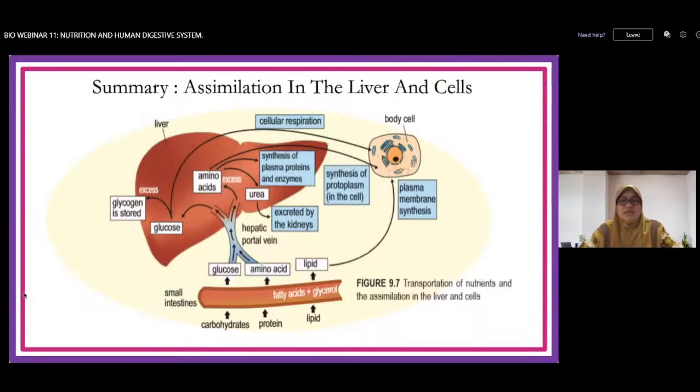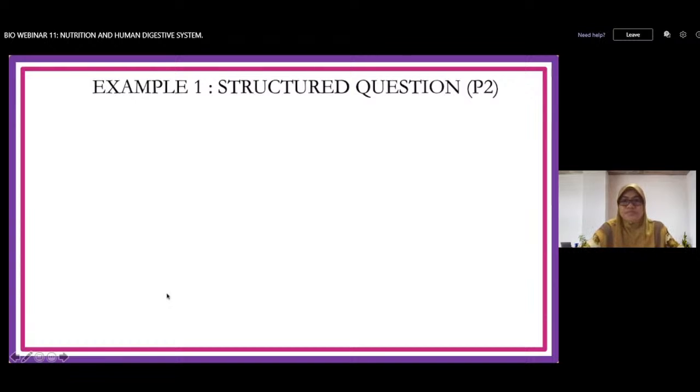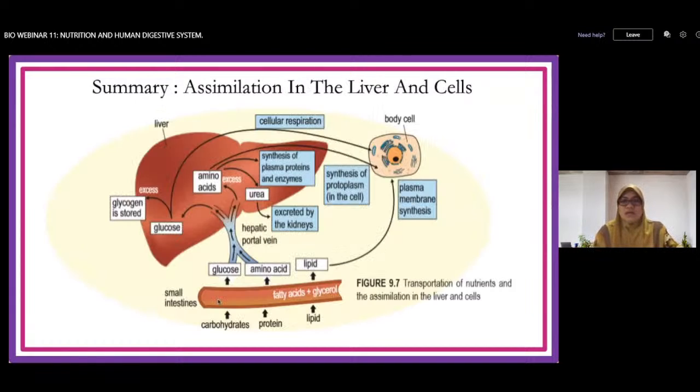Next, ini adalah summary, summary assimilation in the liver and cell, apa yang berlaku dekat dalam liver dan juga cell. So kamu nampak kat sini, okay, glucose, amino acid tadi, dia akan pergi ke liver dulu kan, lakukan proses-proses fungsi dia. Tapi kalau kita tengok kat sini lipid, fatty acid, glycerol, dia akan terus pergi ke blood circulatory system.